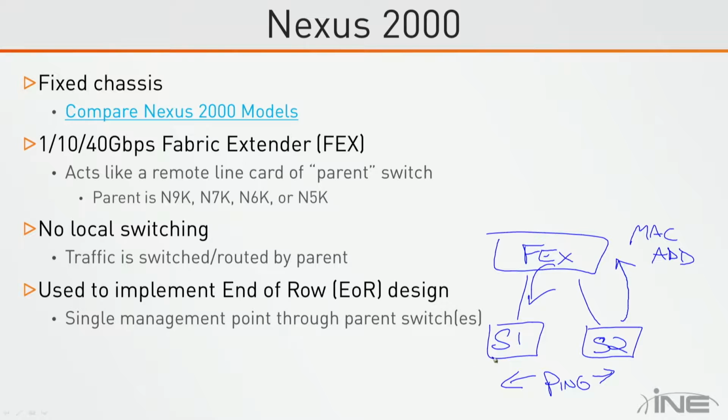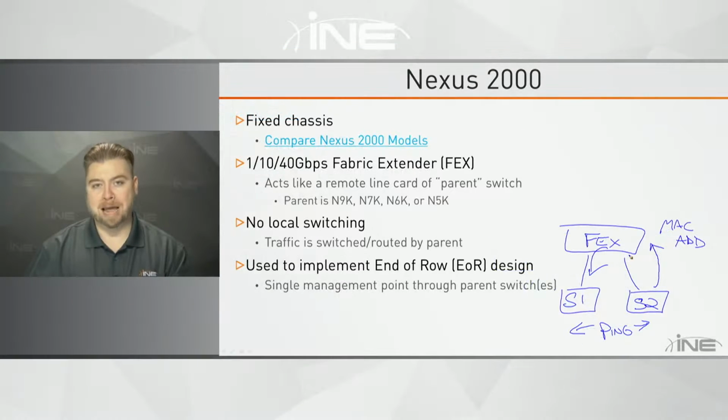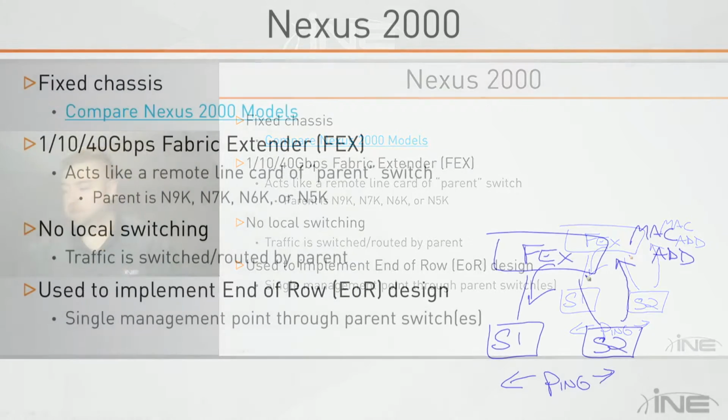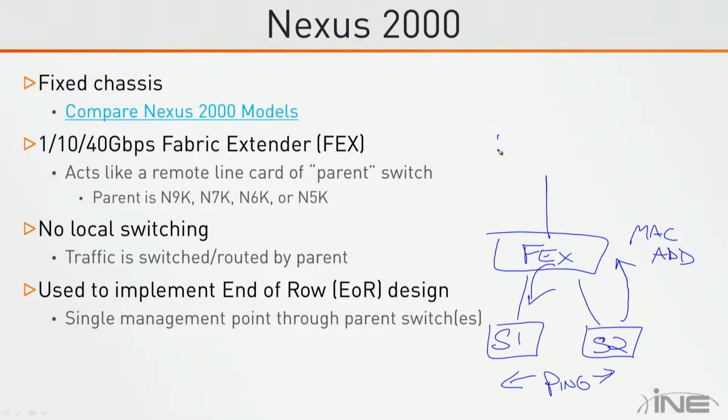But in the case of the fabric extenders, we'll see that these boxes don't maintain their own MAC address tables. They're going to be relying on the parent switch in order to make that forwarding decision. So in this particular case, you would have to go upstream to whatever the parent switch is, parent switch being, again, like your 5K or your 7K. The frame goes up, this guy makes the decision, the frame comes back down, and then it can forward on to the destination.